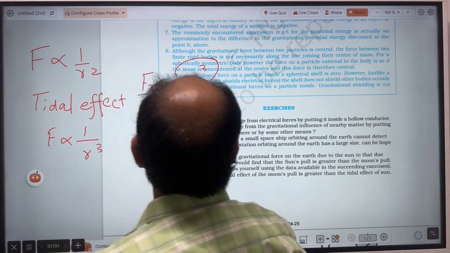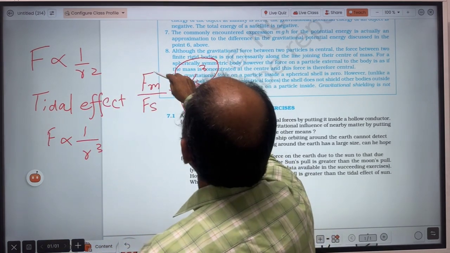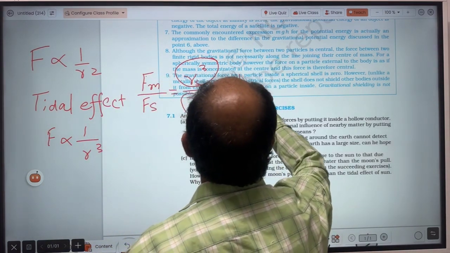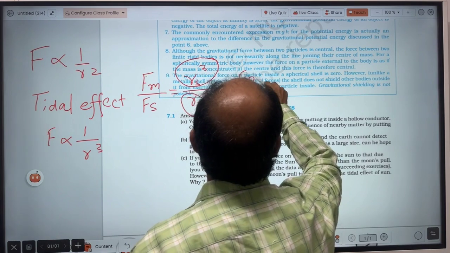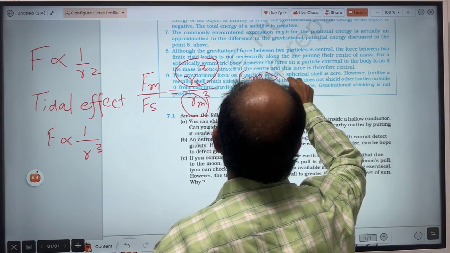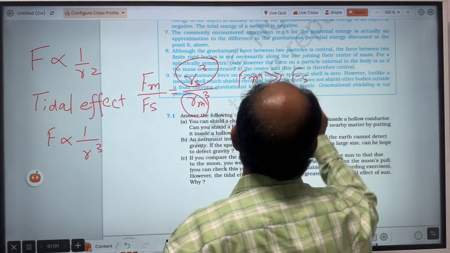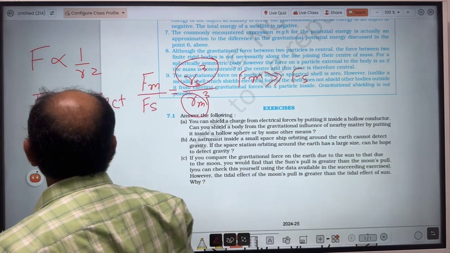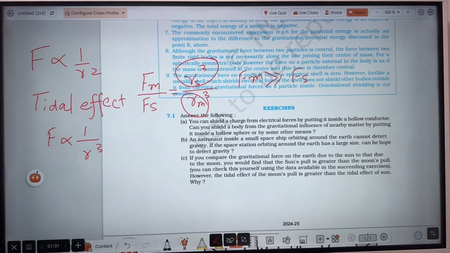Definitely this value is very large. So corresponding value you will get that Fm will be larger than Fs. So that is what they want to tell you here. So I think you have understood.